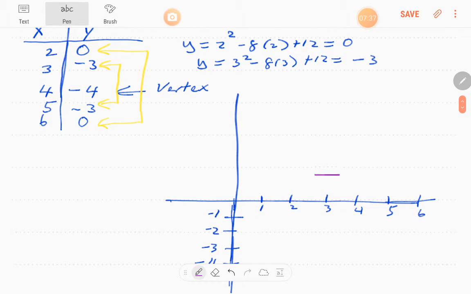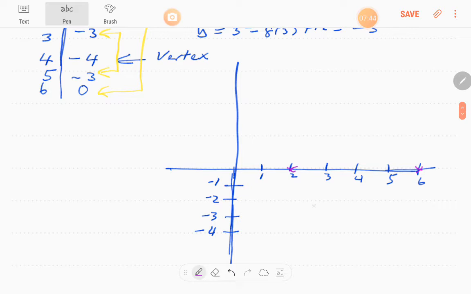We have 2, 0, we have 6, 0, we have 3, negative 3, we have 5, negative 3, and then we have 4, negative 4.